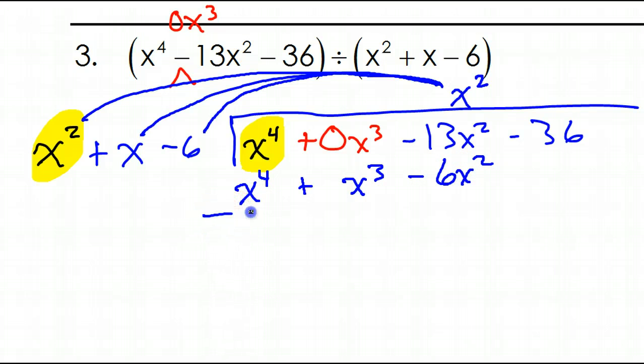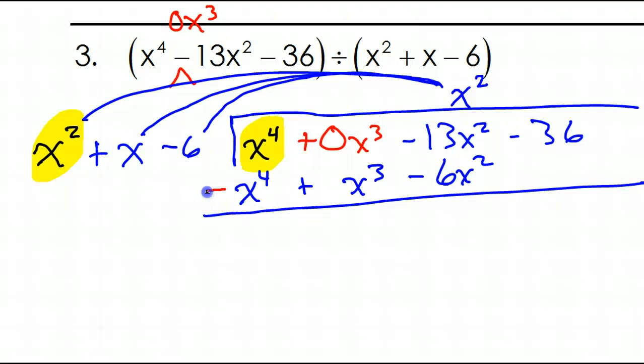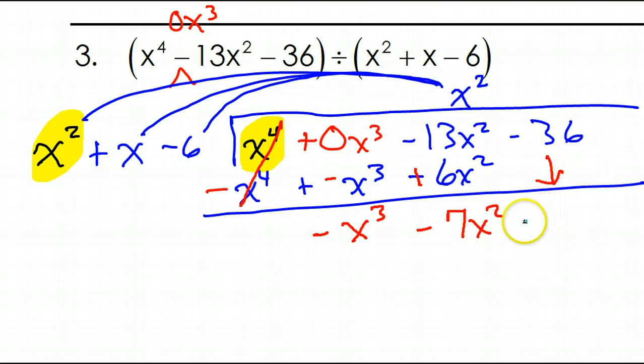Now subtract by changing the signs. So minus, minus, plus. These cancel out. These just make negative x to the third power. These make negative 7x squared. And this comes down.